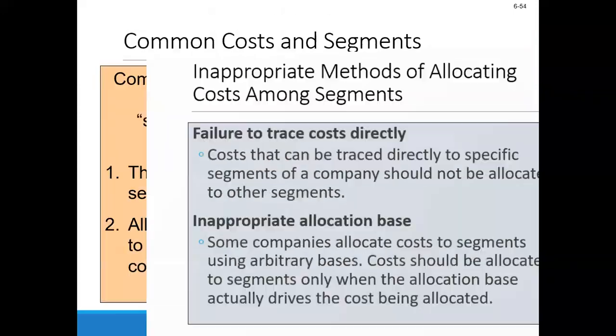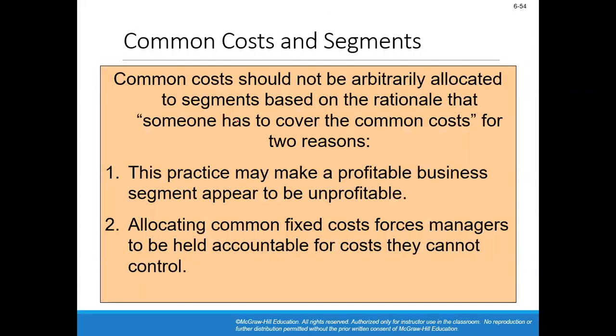Okay, so let's talk about the statement made by one of us: is it possible to allocate common cost to the segments? First of all, you need to know you should not do this, because there will be significant problems if you forcefully allocate common fixed cost to the segments, which are not traceable fixed cost.